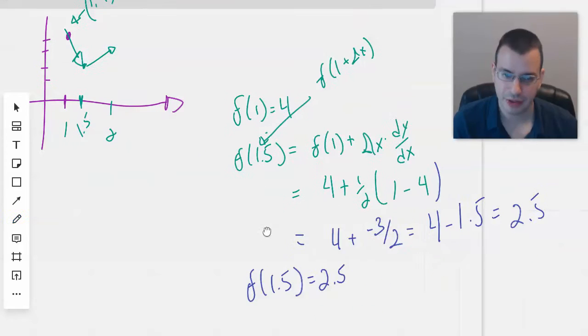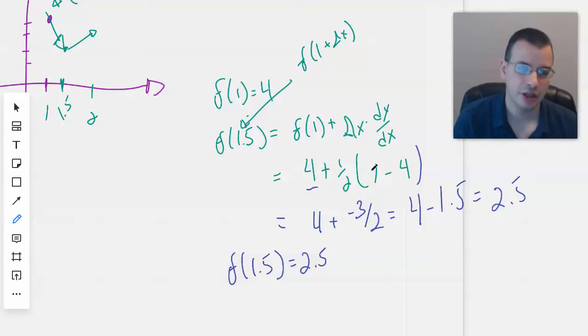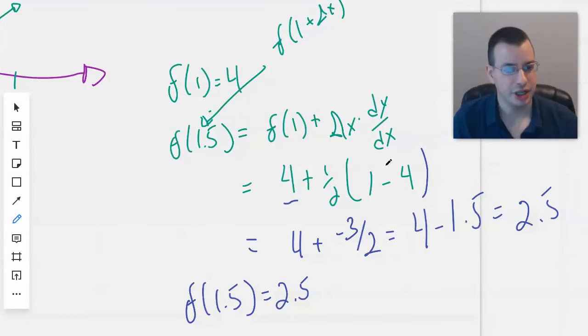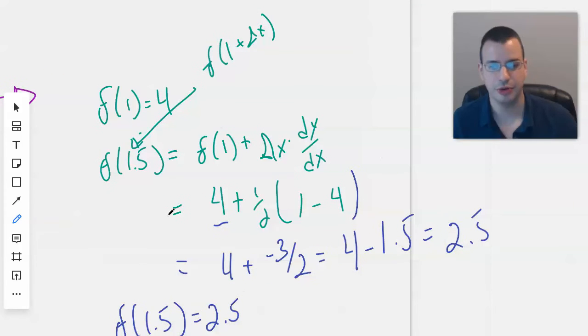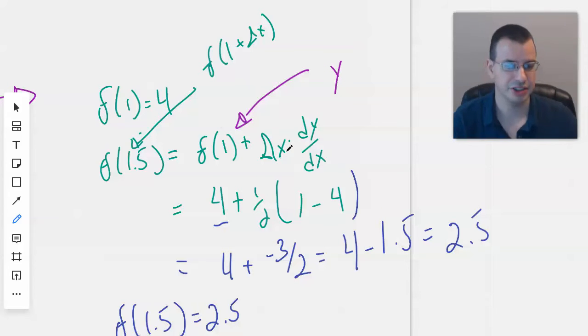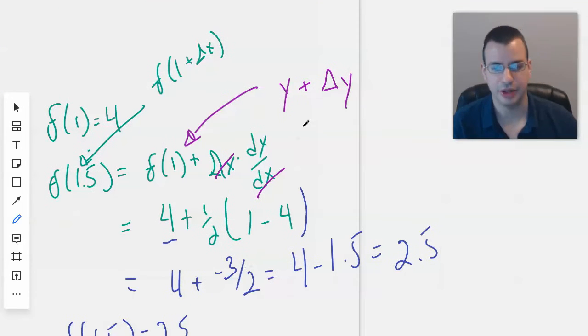The y value will be the original y value, which was 4, plus the step size, delta x, times dy/dx. Intuitively, this is y, this is delta x, this is dx, kind of the same. So you get y plus a delta y, the change in y, and that gives you your new y value.